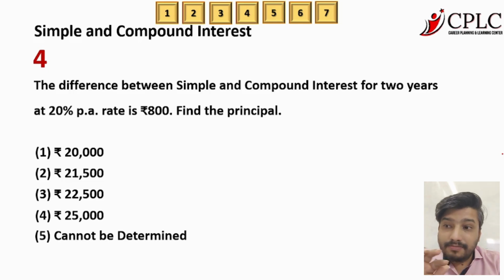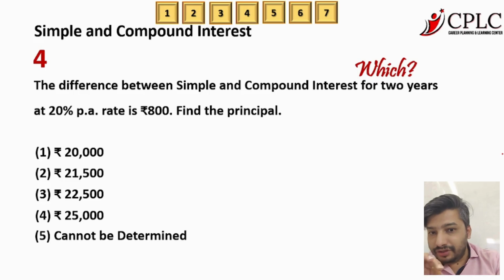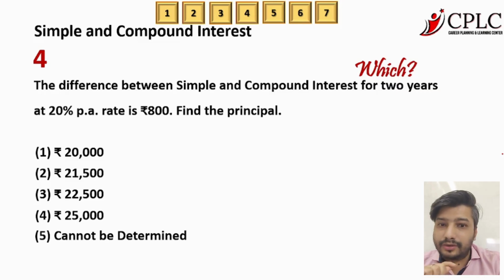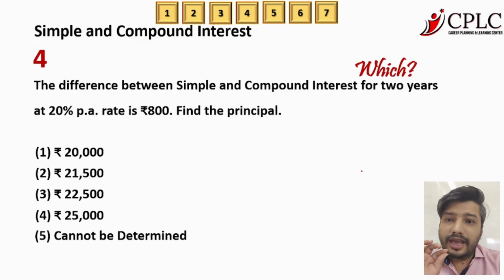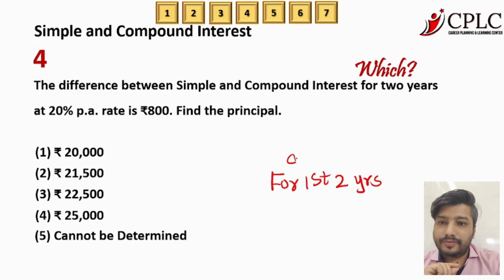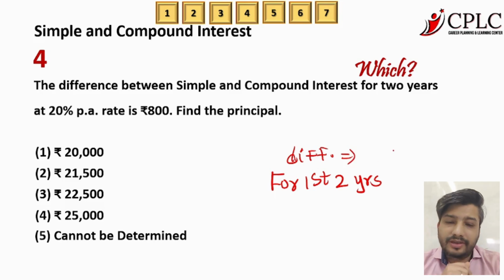But that's a big mistake that you will be making, because they have not specified which 2 years it is supposed to be. And if you remember, just now, 30 seconds ago, I said this point, that the formulae for difference are only and only valid for first 2 years and no other years. So here the confusion would have been which 2 years, whether it is the middle 2 years or the last 2 years, we don't know that. So clearly we cannot solve.